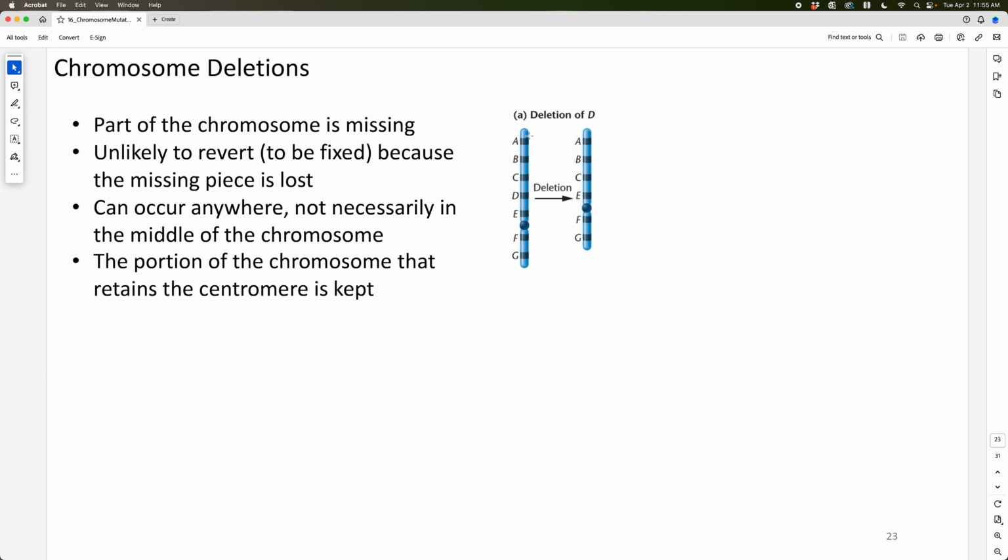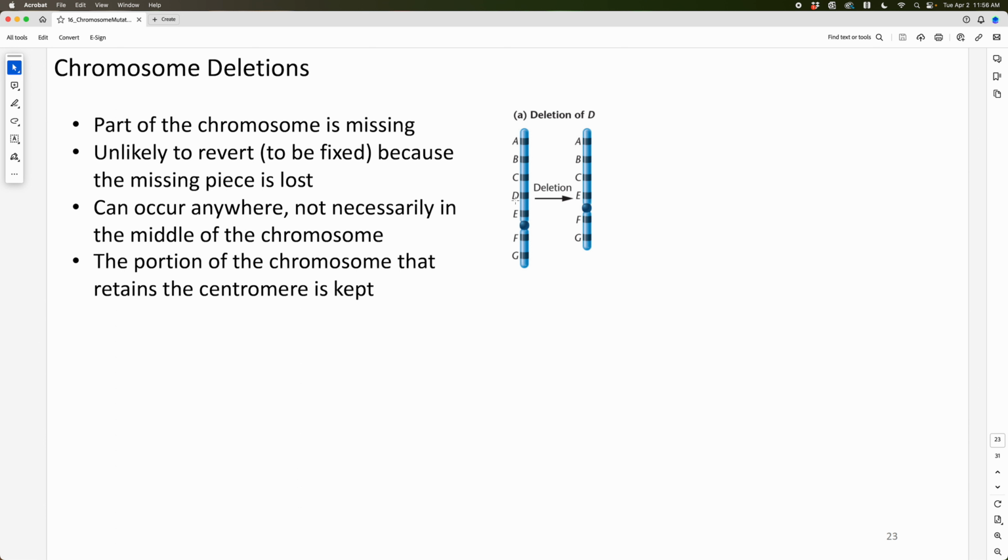So here we're looking at different genes, A, B, C, D, E, F, and G. We're showing a deletion that's occurred that leads to the loss of this gene D. So we've got A, B, C, and then we move right to E, F, and G. Typically, the portion that retains the centromere is the portion that's going to be kept after a deletion event.